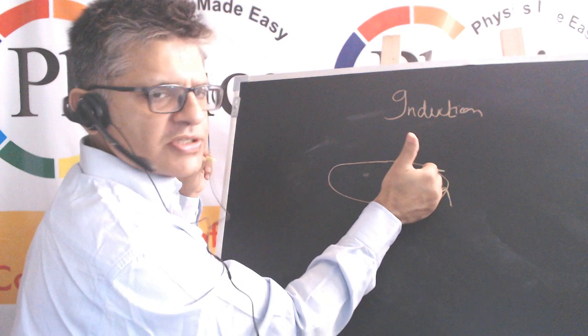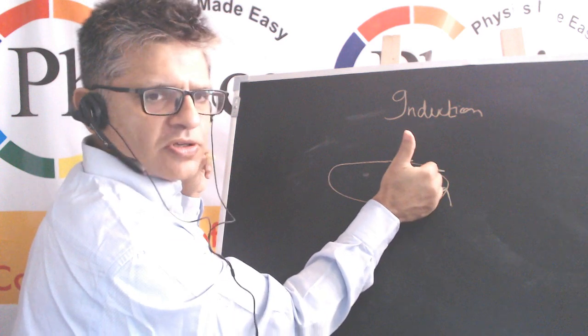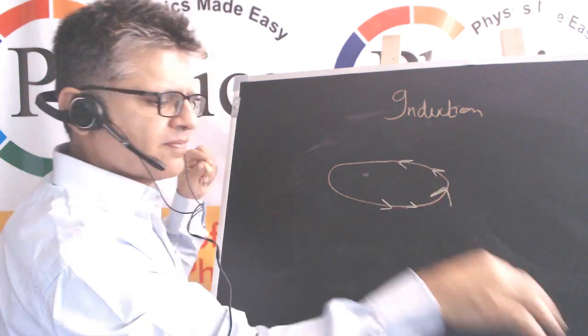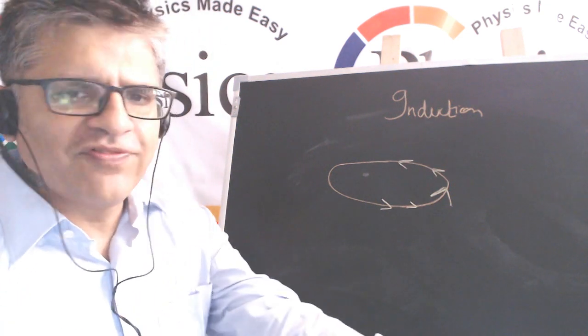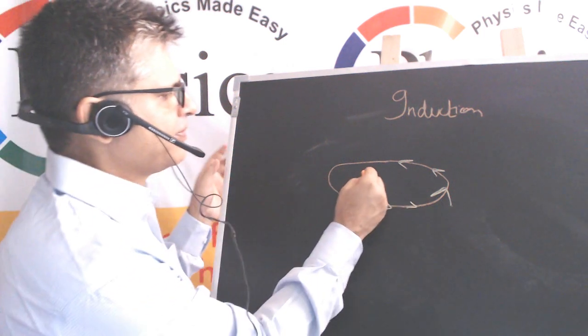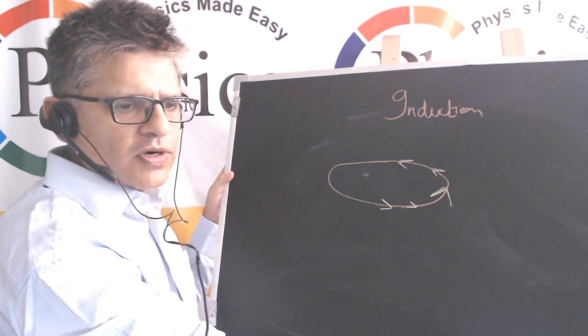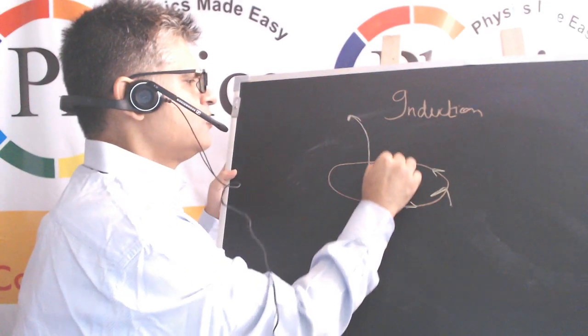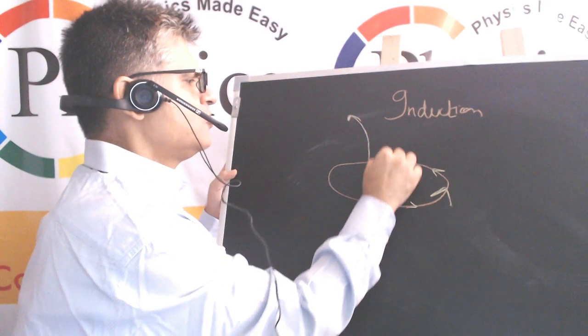Aligning my right hand with the direction of current, it is showing me that the flux due to this will be an outward flux. So I get an outward flux.